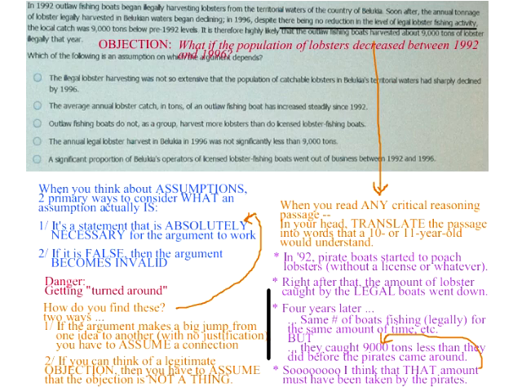So you have to assume that it didn't, for any reason, actually, not just because of pirates. You have to assume that the lobster population did not significantly decrease, if at all.